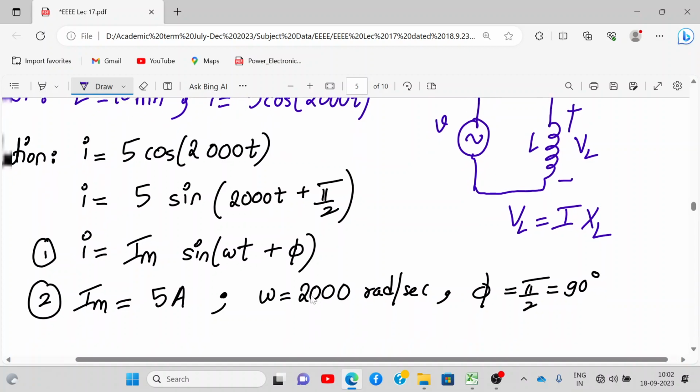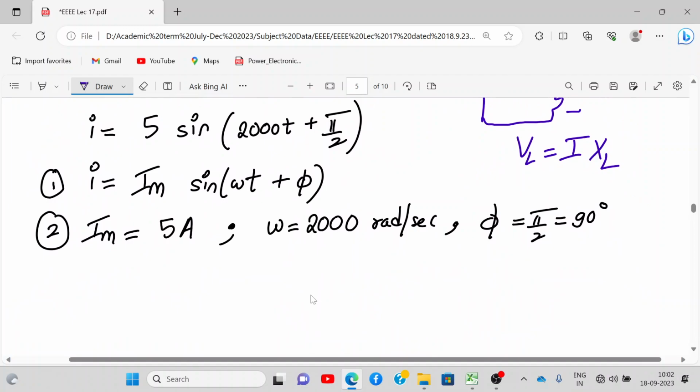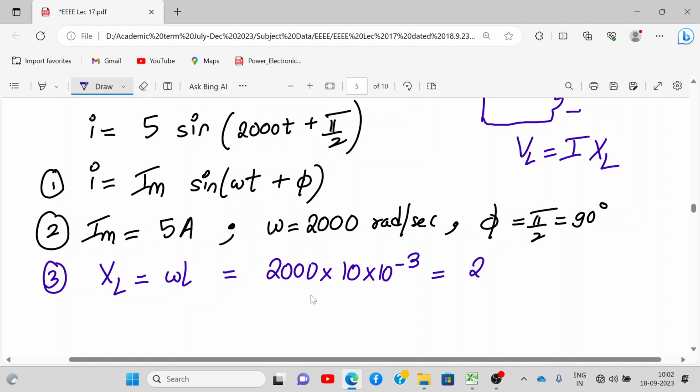So we need to find XL, for which we require omega. XL is omega L. So that will be 2000 into L, which is 10 millihenry, so 10 into 10 to the minus 3. So this will be 20 ohm. Got it?